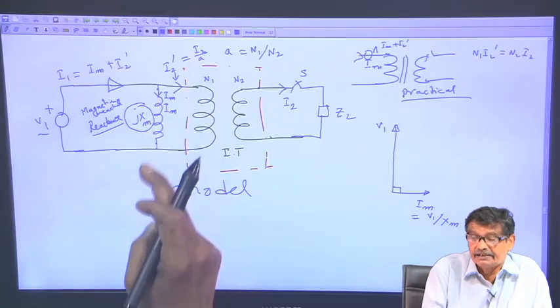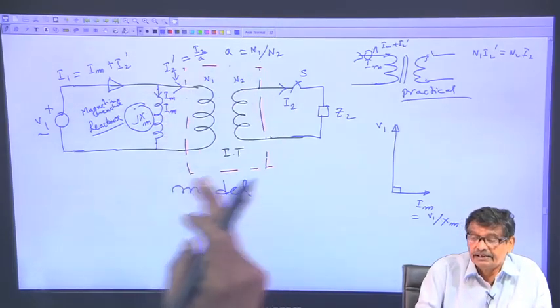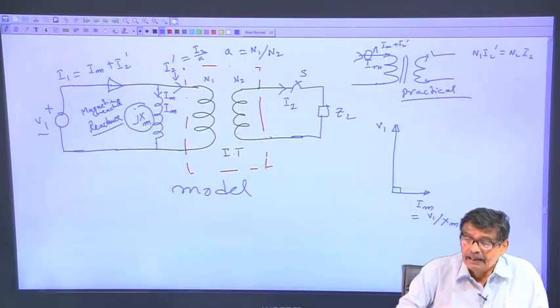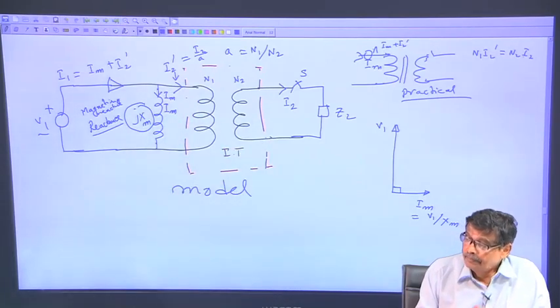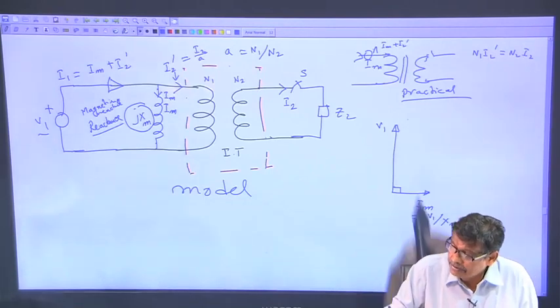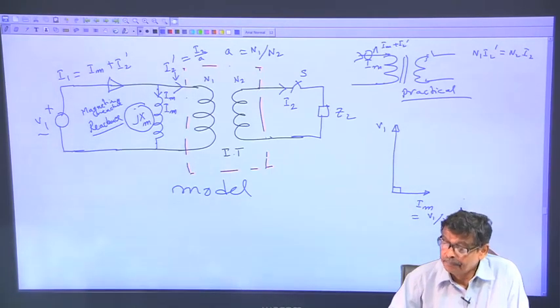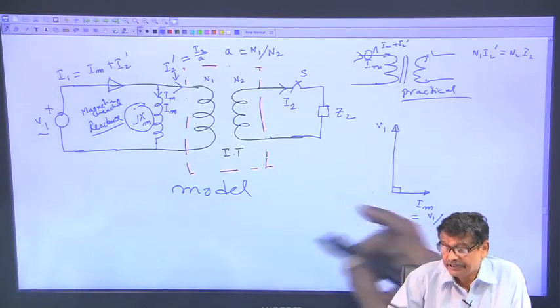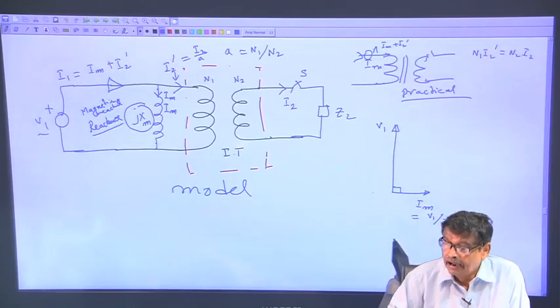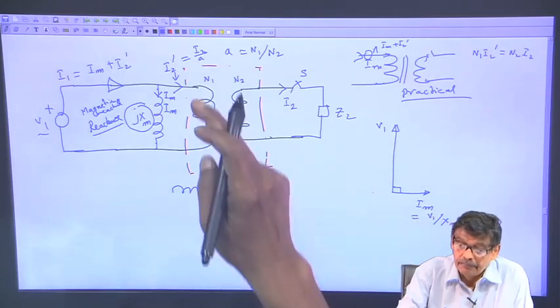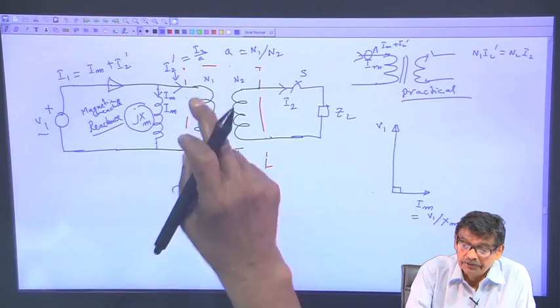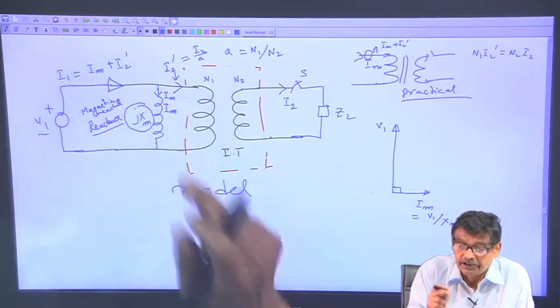So this is a reactance, this is an ideal transformer and it correctly models it. So V 1, I m I have drawn. Then I am completing the phasor diagram once again, and suppose this is V 1, to the ideal transformer applied voltage is V 1.